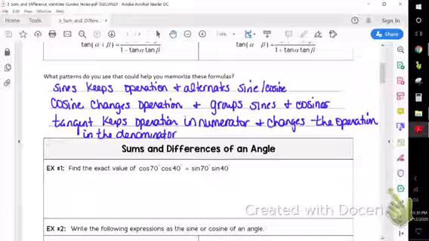So for tangent, if it was alpha plus beta, then it was a plus sign on top. It kept the operation in the numerator, but it put a minus in the denominator. All right, so maybe that'll help you some.